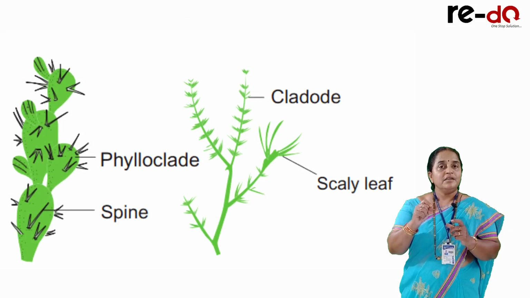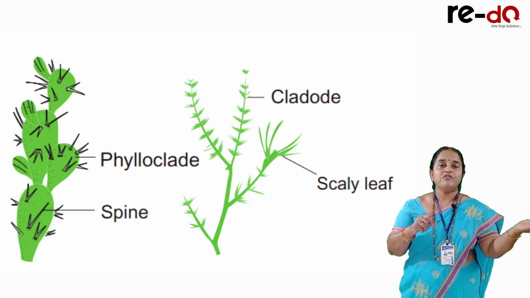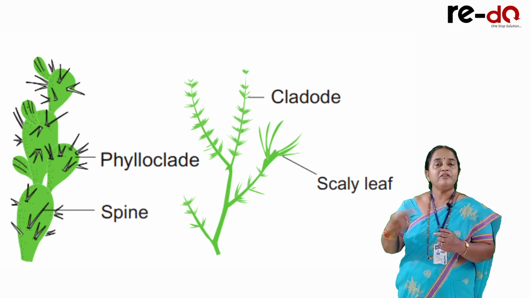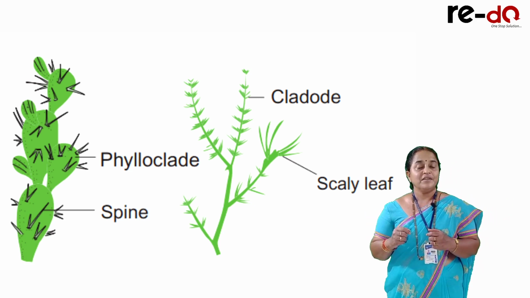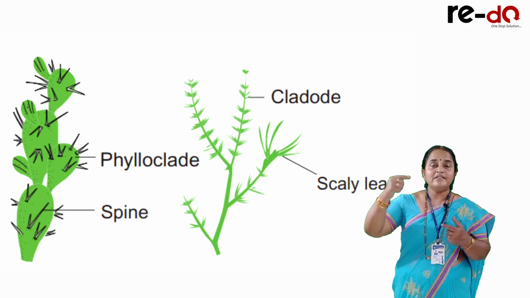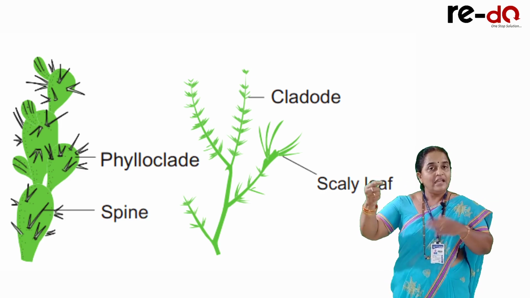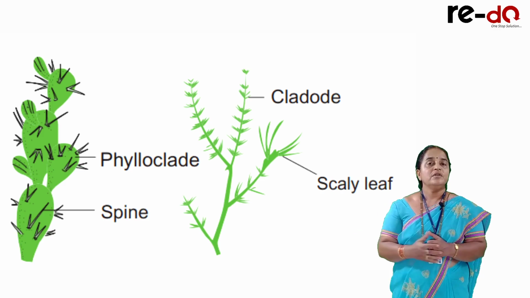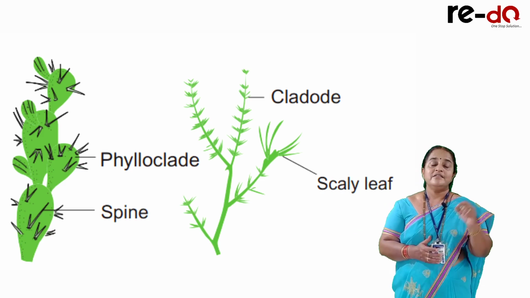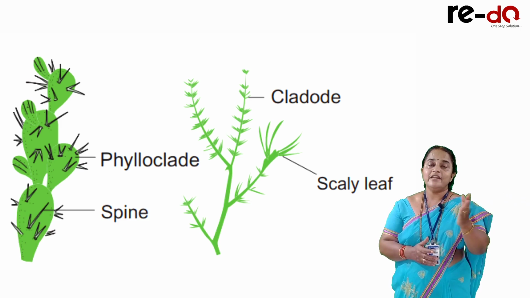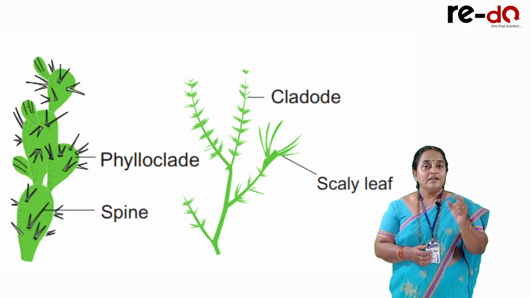This stem is a modification in xerophytes, which prepares food by photosynthesis. There is a cladode. These are cylindrical stems. Like phylloclade, they are also modified for xeric conditions, or adapted for low rainfall conditions.